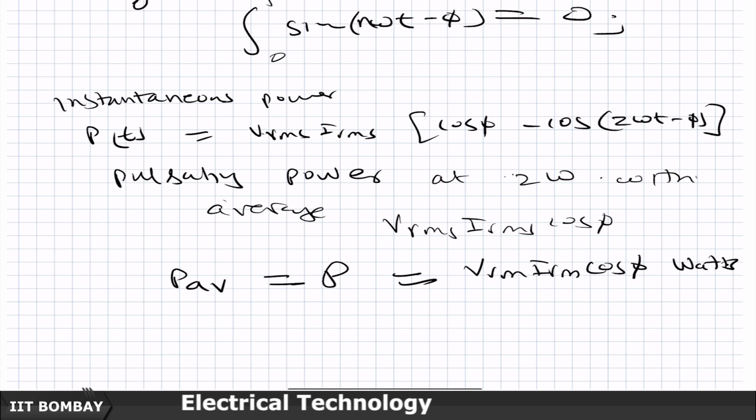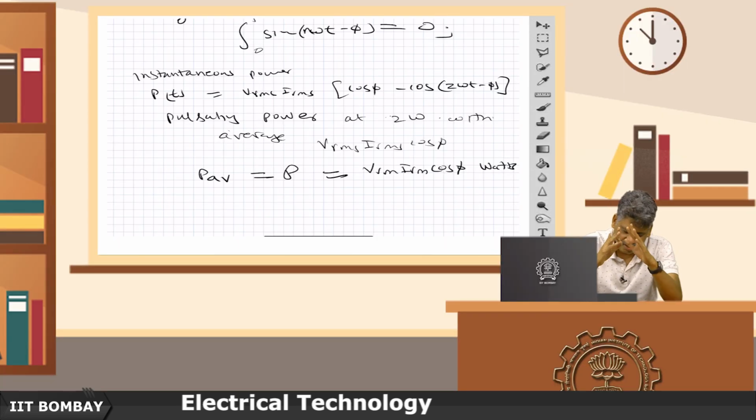If you had torque as constant, then the speed will be pulsating and it will cause unnecessarily extra wear and tear in your device. So, we are not very happy about this pulsating part of the single phase supply, and this actually is the motivation for the 3-phase power supply that I am going to discuss.